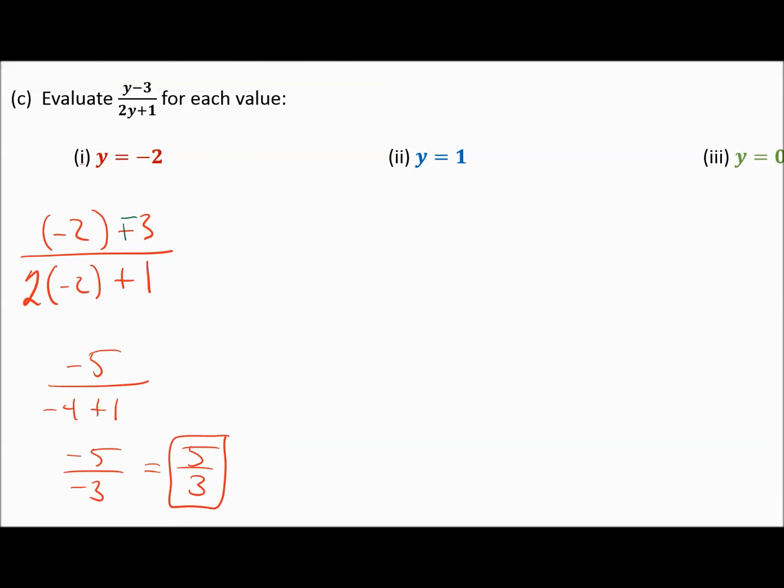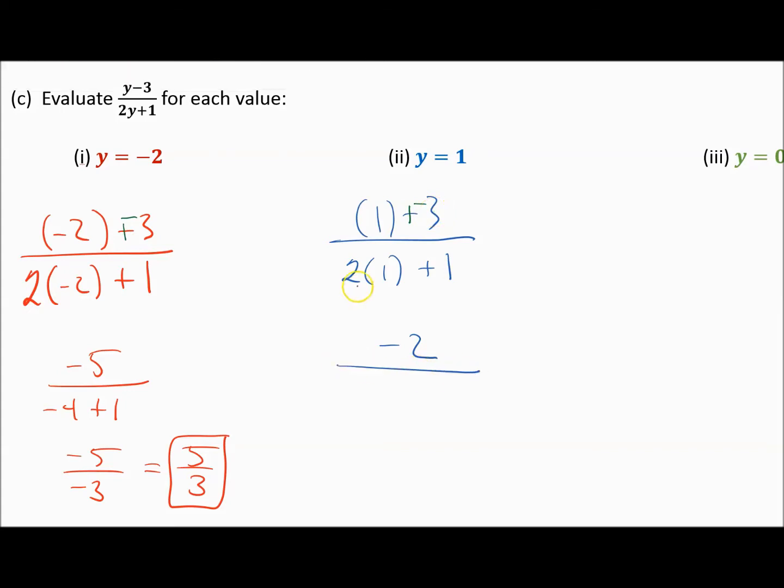All right, let's try it again. But this time we're going to substitute 1. So I have 1 minus 3 divided by 2 times 1 plus 1. Now we all know 1 subtract 3 is negative 2, or once again you could do the keep, change, change. So I keep the 1, change subtraction to addition, I change the sign of the next number. That's also negative 2 because you subtract the numbers and keep the sign of the heavier number.